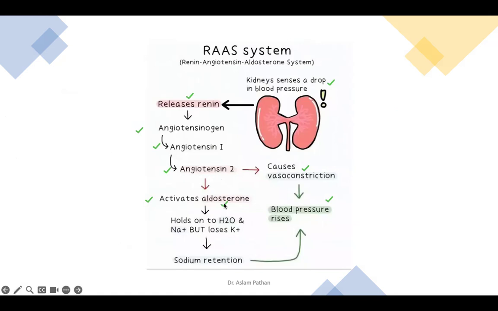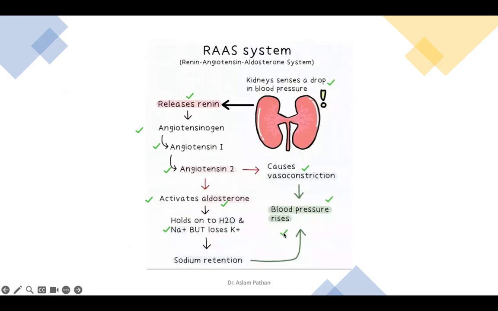And aldosterone is a security guard. It locks, or we can say holds on to water and sodium. We can say water and sodium retention in the body. And if the water and sodium are retained, it means increase in the blood volume. And increase in blood volume means increase in blood pressure.